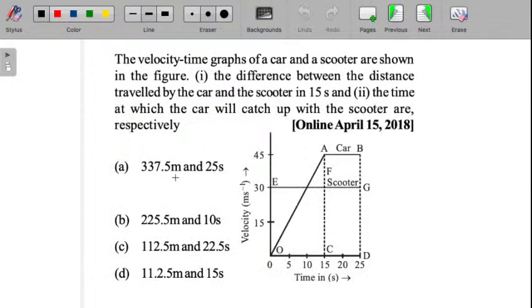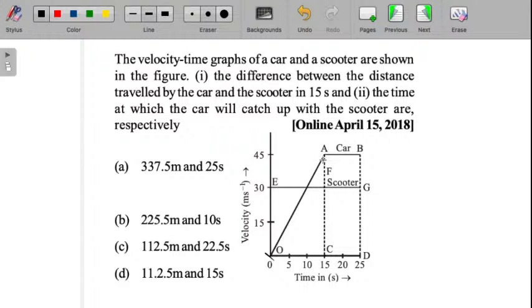Let's take another question. The velocity time graphs of a car and a scooter are shown here. Now, the difference between the distance traveled by the car and the scooter in 15 seconds is, so you can notice here both are starting from rest, and at 15 seconds we've got to find the difference in the distance. So basically the difference in the area here is what we've got to compute.